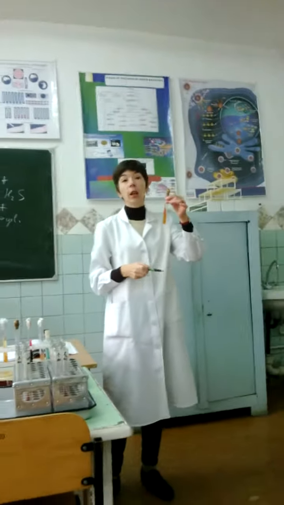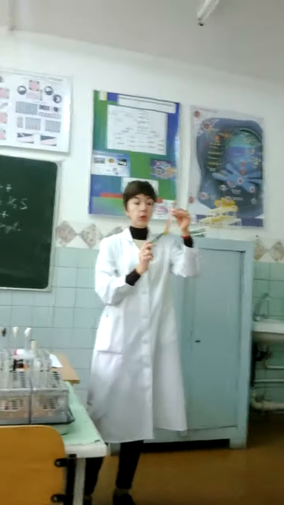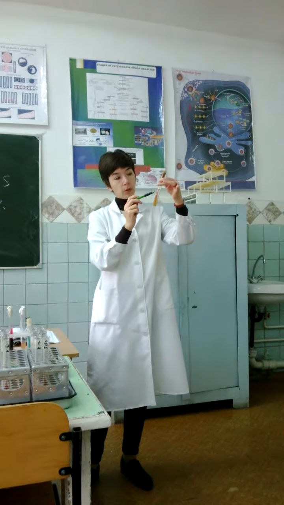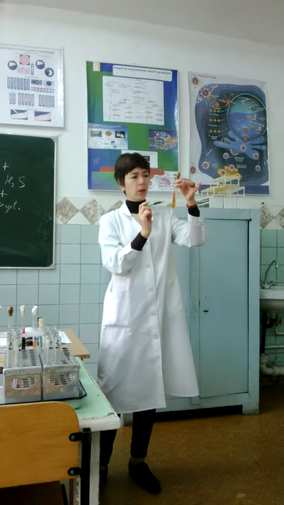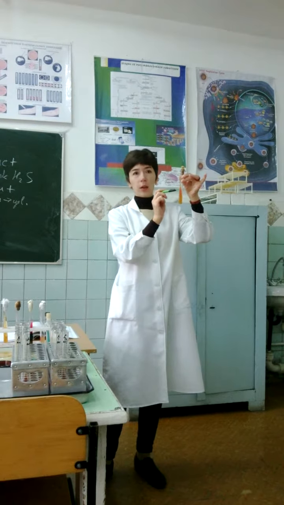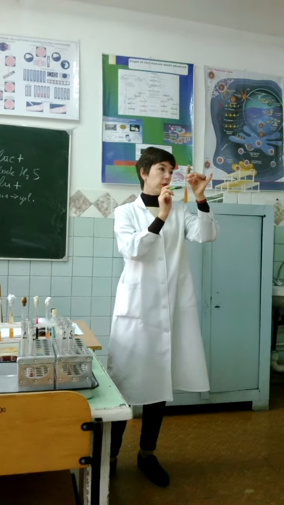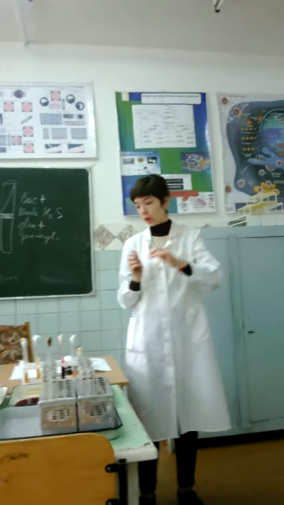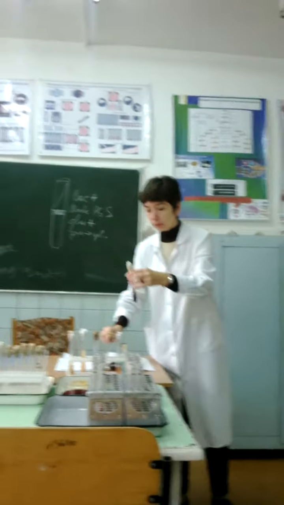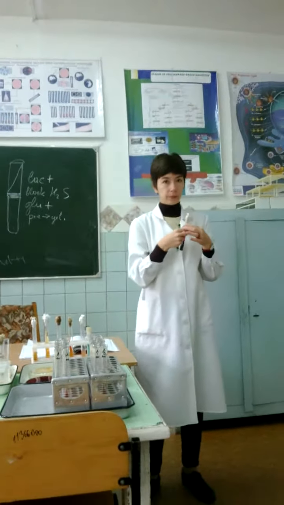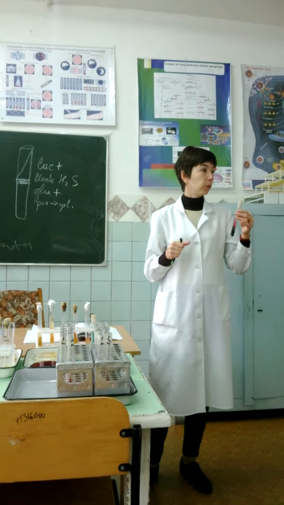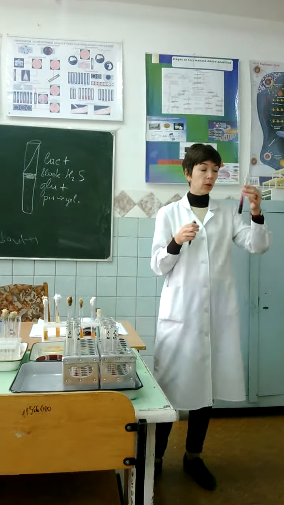The other is Shigella. It destroyed glucose but doesn't destroy lactose. Then it doesn't destroy lactose. Is it clear? It's Shigella. And this is Salmonella typhi or paratyphi B, because paratyphi A doesn't produce hydrogen sulfide.